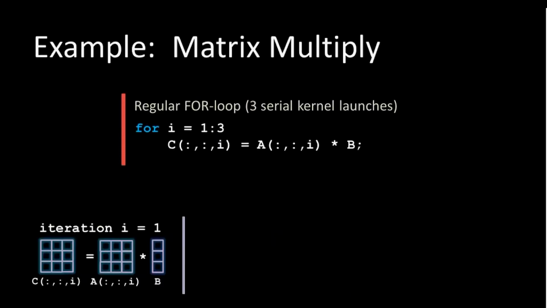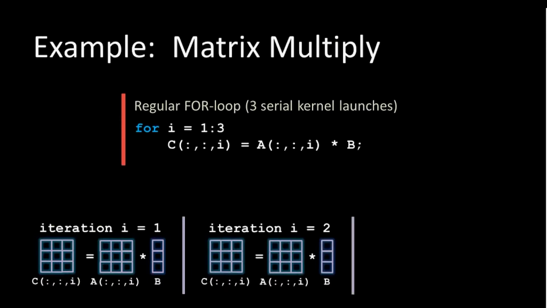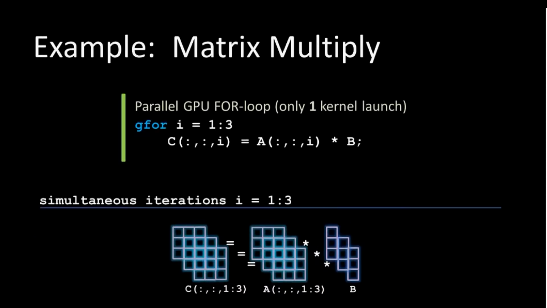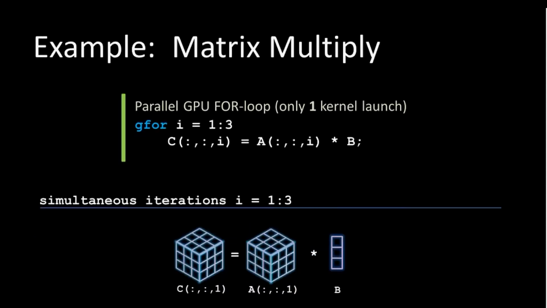So to spell that out a little bit more thoroughly, again, a sequential for loop would do iteration 1 first, and then pause, iteration 2, then pause, iteration 3. But with GFOR, you can tile all the iterations together so that it looks something like this.